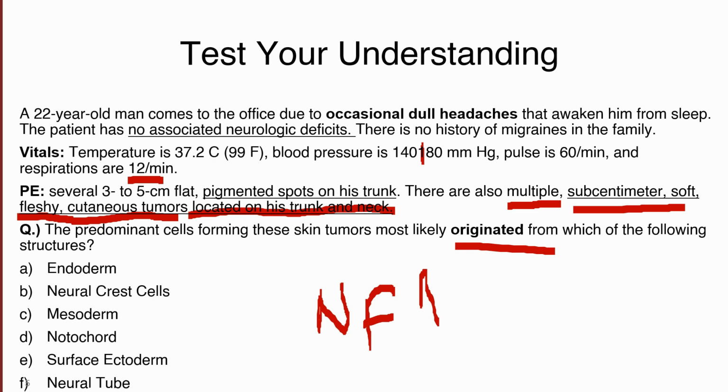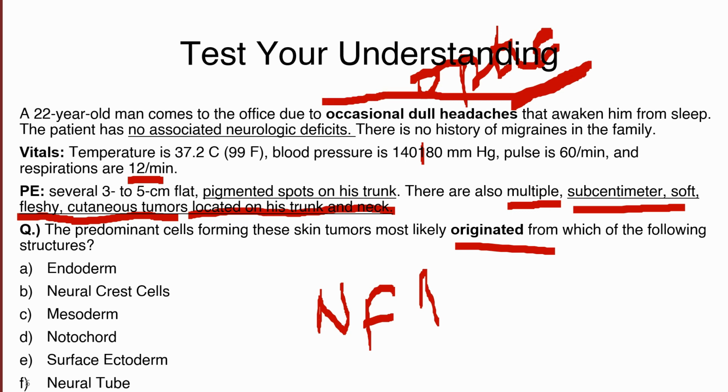The patient usually develops a typical sign, hyperpigmented macules, also known as cafe au lait spots, over the trunk soon after birth, but they are at increased risk of developing central nervous system neoplasms like optic glioma and astrocytoma, which increase intracranial pressure, and the patient generally presents with occasional dull headaches.